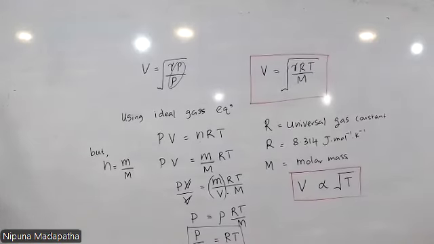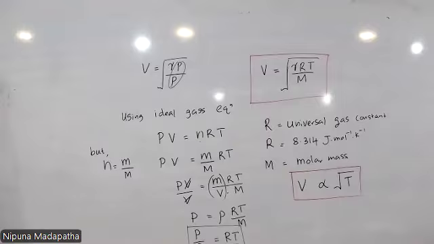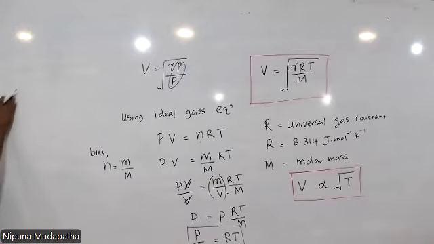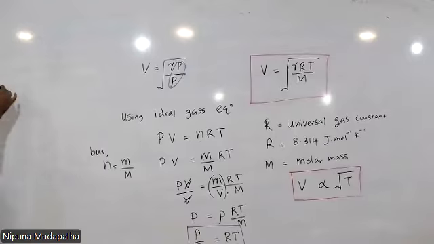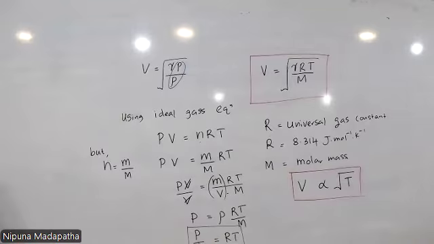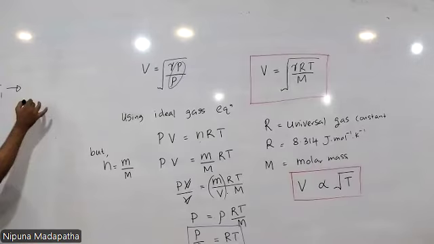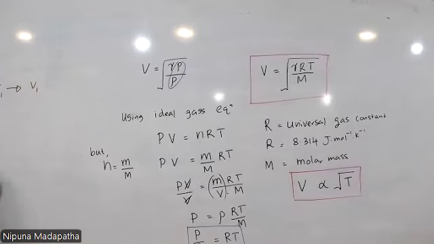Another thing. Suppose for a given gas, we consider the speed of sound at two temperatures, two situations. When the temperature is T1, suppose the speed of sound is V1. At temperature T2, the speed of sound is V2. So we can get a relationship between V1, V2 and T1, T2.